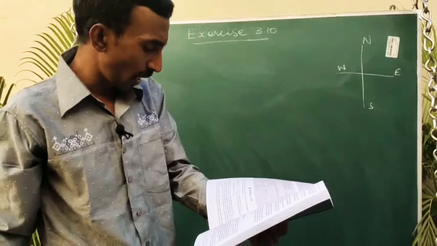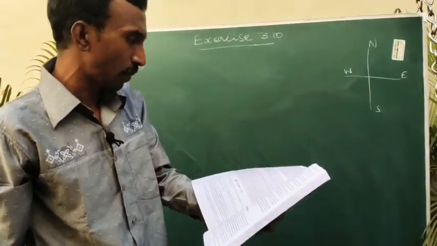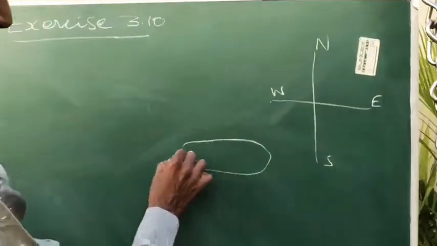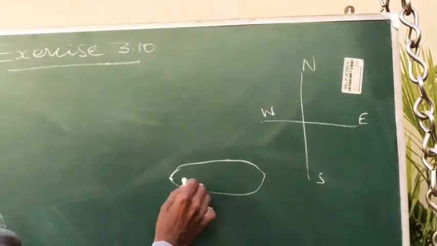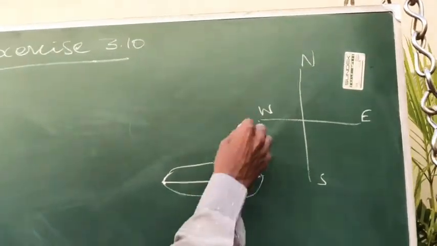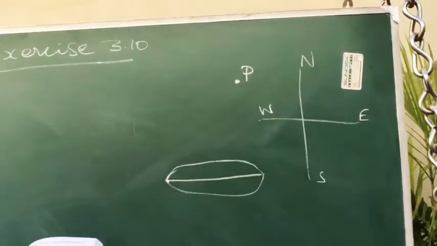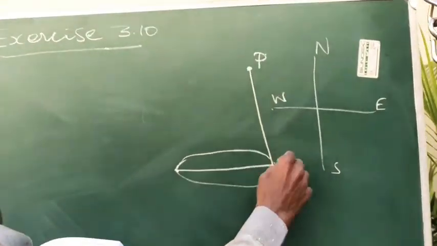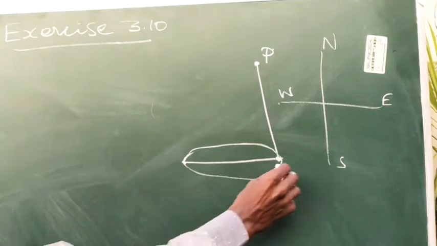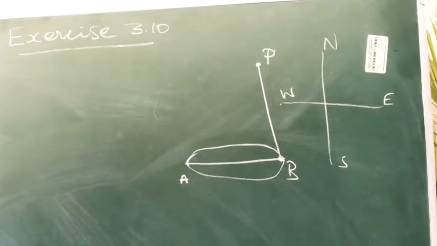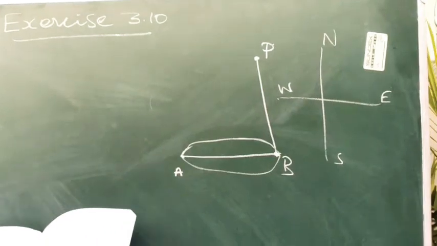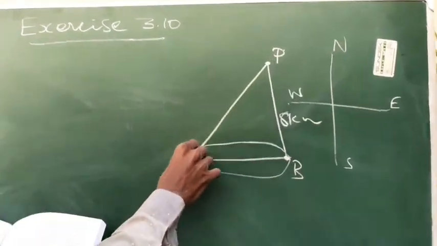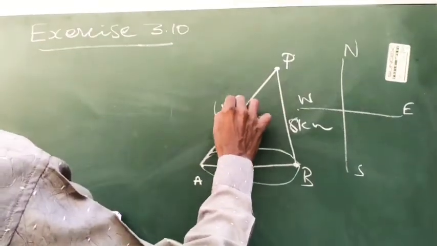From a point P, he finds the distance to the easternmost point of the pond to be 8 km, and to the westernmost point to be 6 km.